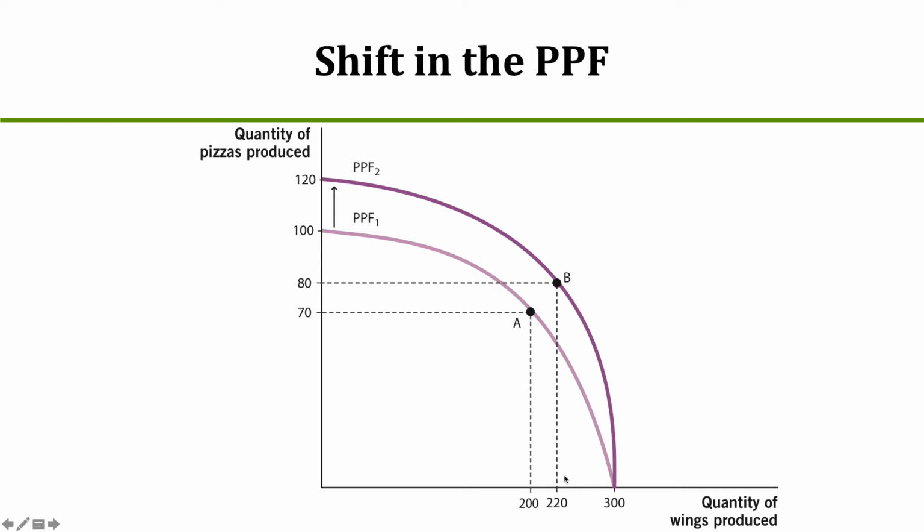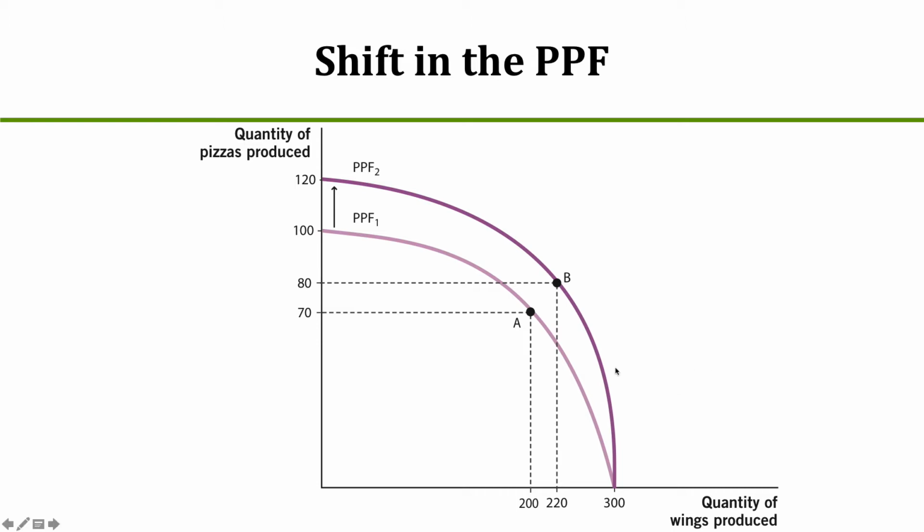Why is that happening? The simplistic explanation of this movement is that this country is gaining more efficiency in the pizza production, but instead of using this increased efficiency in the pizza production only, it is transferring some part of the efficiency gain to the wings production.